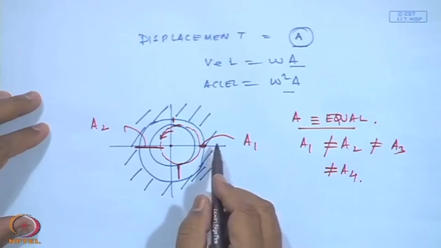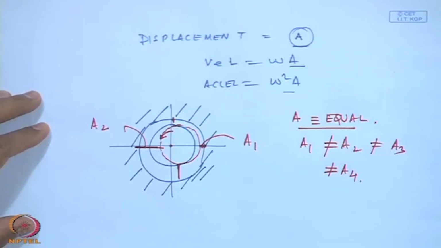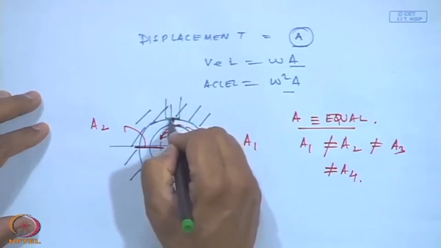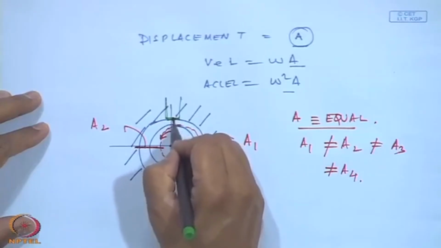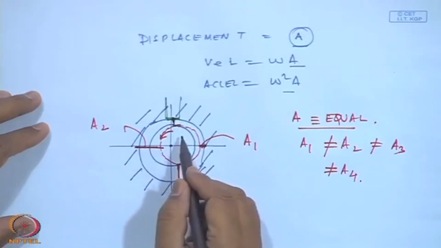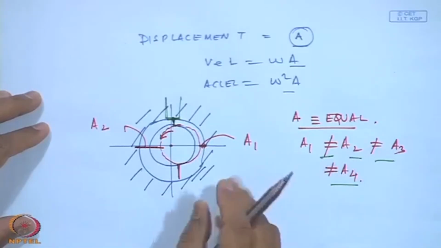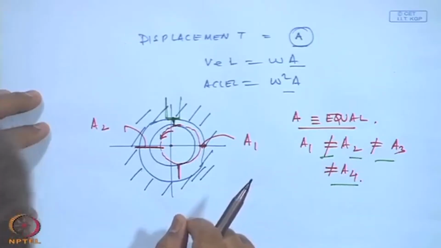And how can this be detected? If I have some sort of a sensor here, displacement sensor or some sensor which senses this gap between the rotating shaft and the casing, it will tell there is something wrong with this machine. So, this is where actually displacement sensors are used.